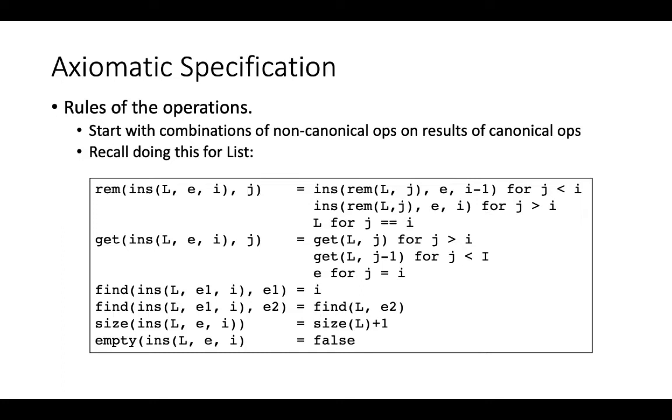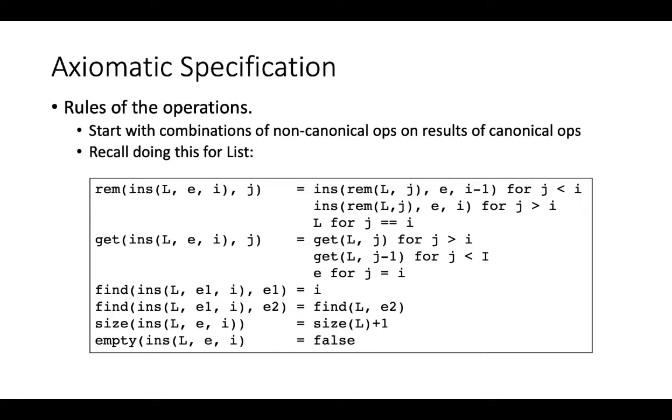And so we went from one construction of a non-canonical operation on a canonical operation into an expression of the same, where now we're dealing with the original list or a smaller list, so we've made it kind of recursive. So now we can reapply, and we know that the right-hand side is true if the left-hand side is true. Those two things are true if J is less than I.